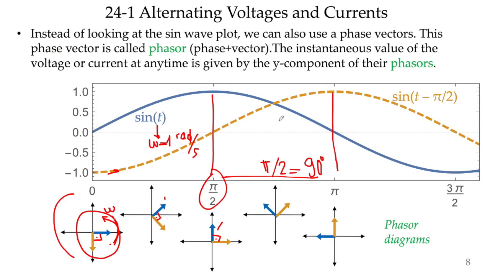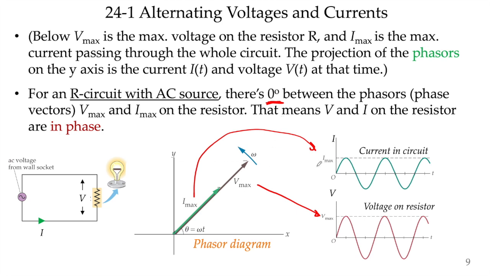If you have just a resistor, there's 0 degrees between the current and the voltage. So here the current phasor, the voltage phasor, and the angle between them is 0. And this vector is actually rotating counterclockwise all the time.